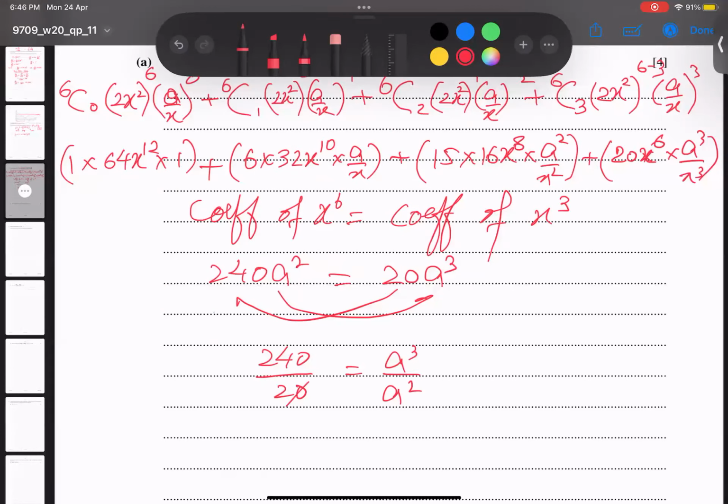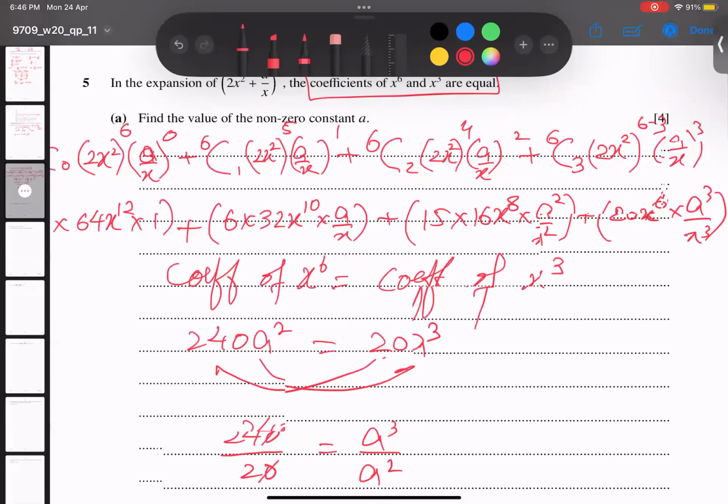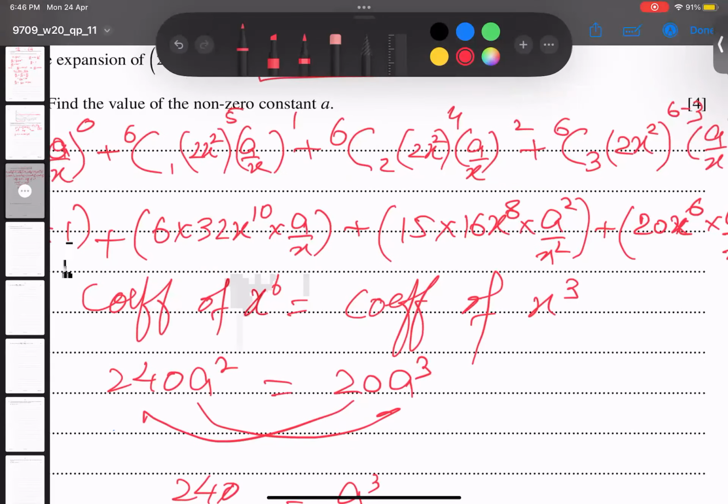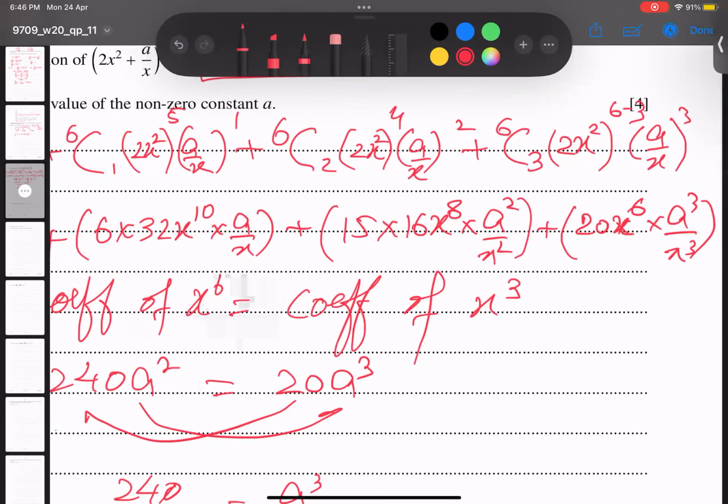If you look carefully, 0 and 0 cancel out. And the value of a, I'll recheck it. A to the power 2. So 15, this is clear. 2 to the power 4, and 20, and 2 to the power... yeah, here I missed this number.